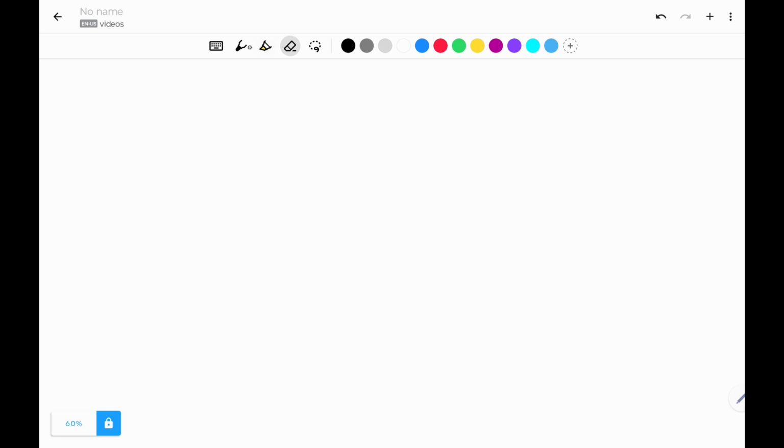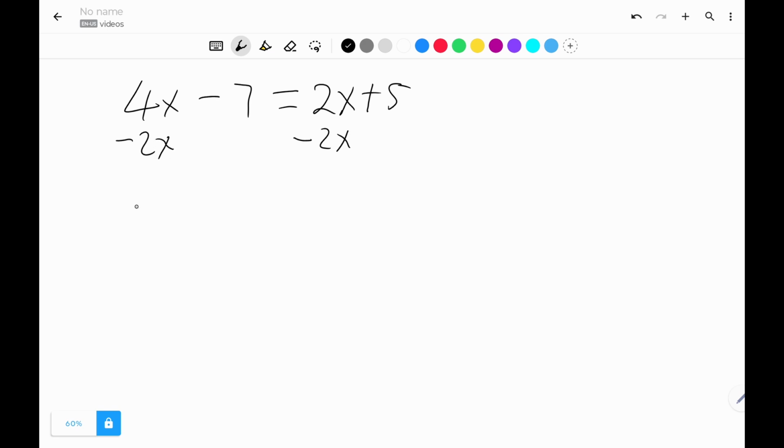The next one is gonna be with a negative number. So that's 4x minus 7 equals 2x plus 5. Okay. Now we're gonna subtract 2x from both sides. Okay. So that's minus 2x, minus 2x. Okay.